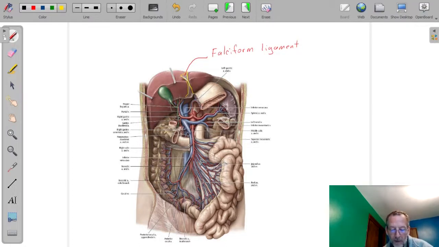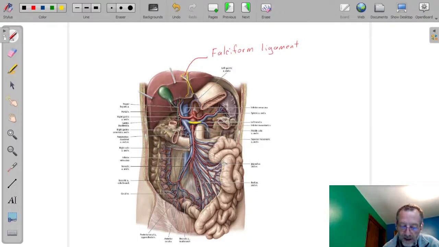Do you see the hepatic portal system in the chair? Looking at this, you're looking for the blue, which is the veins. The reds would be the arteries. So here is the seat of the chair.